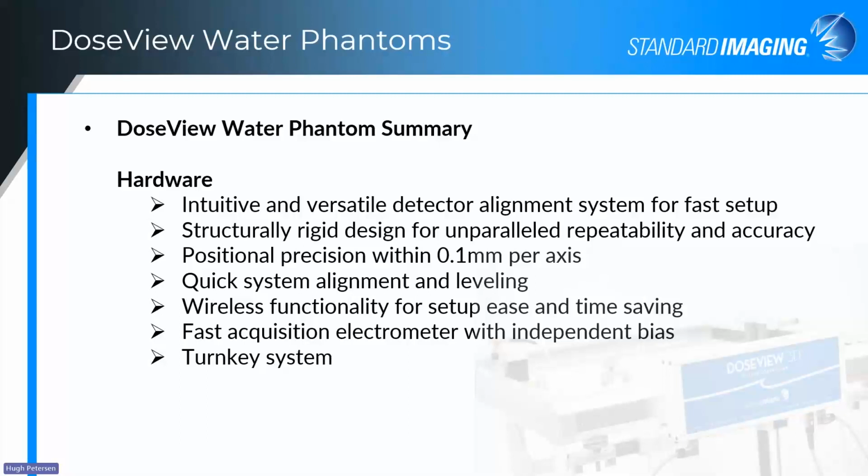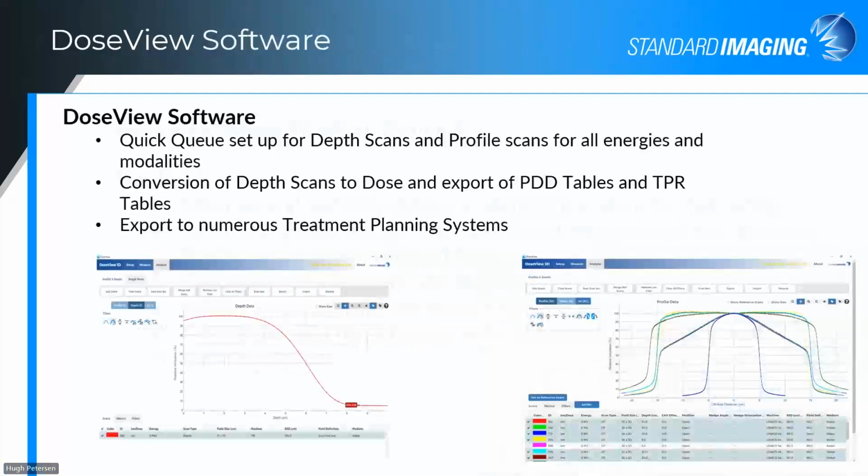So if you're using a stereotactic diode that sits in a vertical orientation, such as our D1V, you can use that accordingly in the vertical alignment. And then again, our DoseView software, I just ran through it. You kind of saw how uncomplicated, how easy it is to set up, and how easy it is to do your scan analysis. We get very good raw data because of our rigidity and our accuracy with our tank.